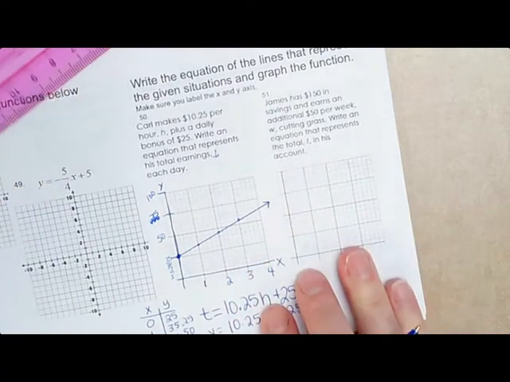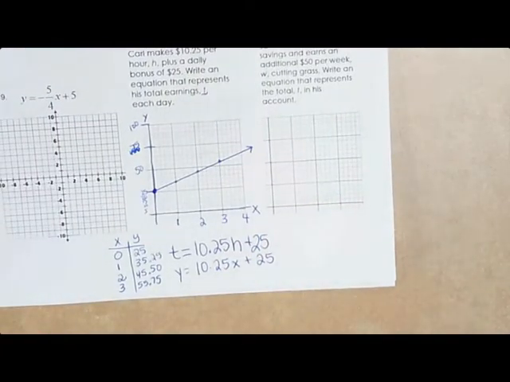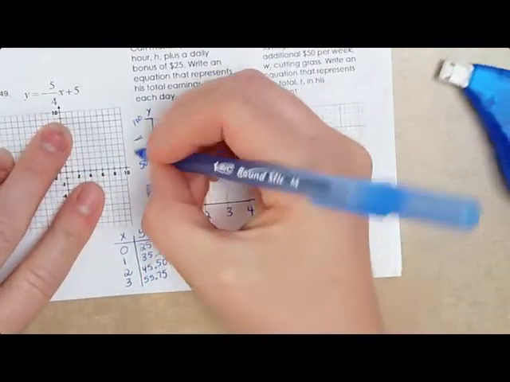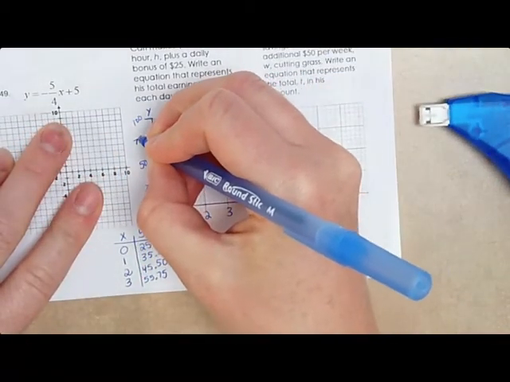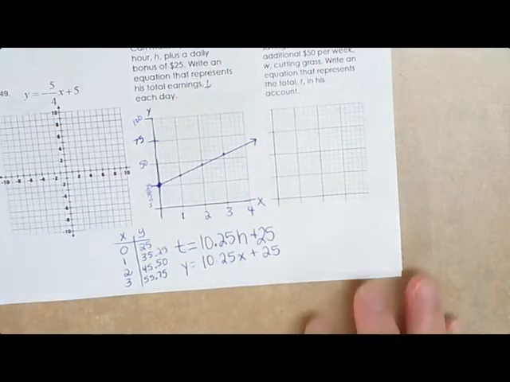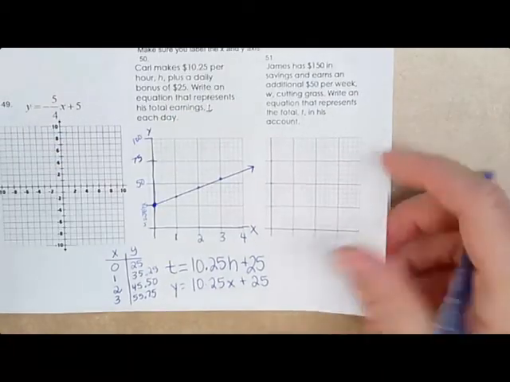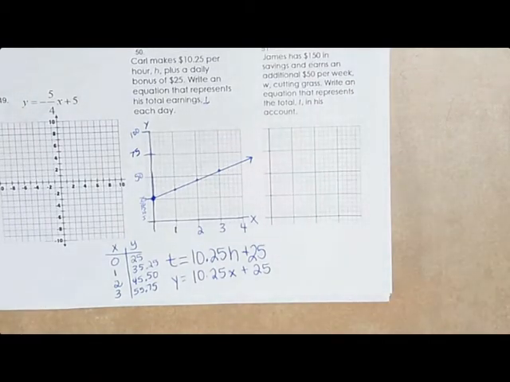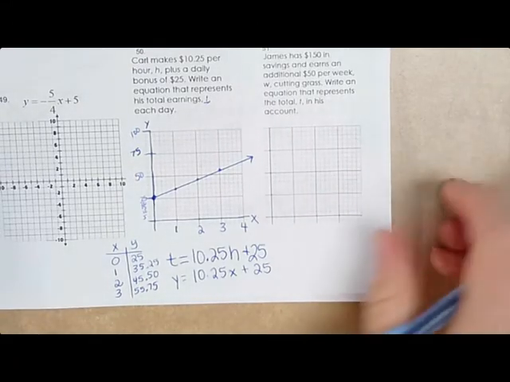And then make sure you put an arrow on the end. Okay, any other questions on 44 through 51?